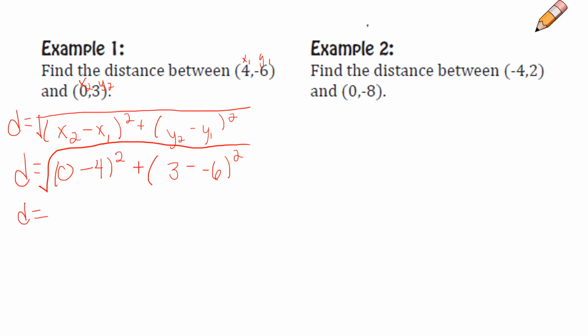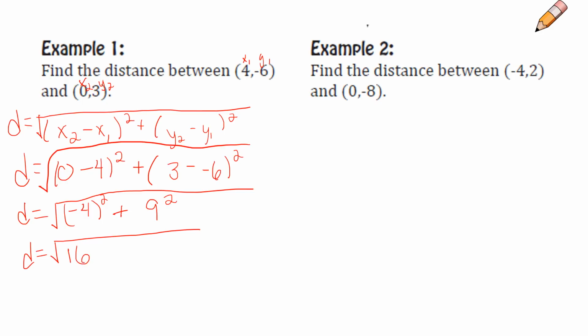So now we move down to just doing simple math. So 0 minus 4 is a negative 4 squared. Remember, we're taking the square root of this entire thing. And then we have 3 minus a negative 6, which would be 3 plus 6, which turns into a 9 squared. So now we have d equals the square root of negative 4 squared, which is 16, plus 9 squared, which is 81, and 16 plus 81 is 97.